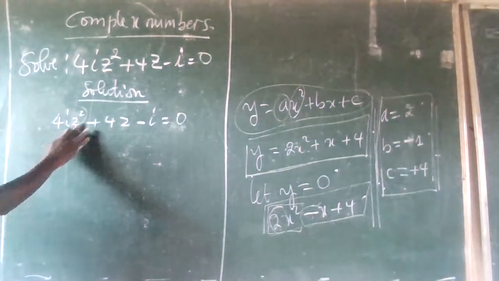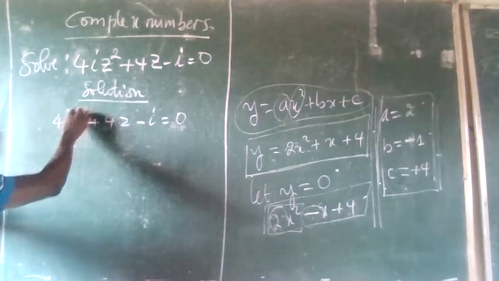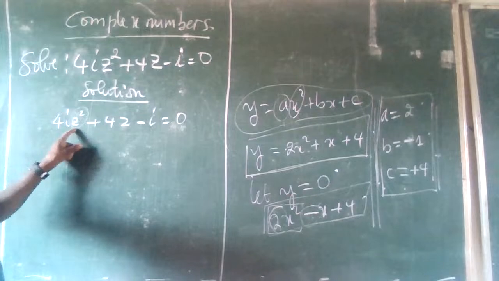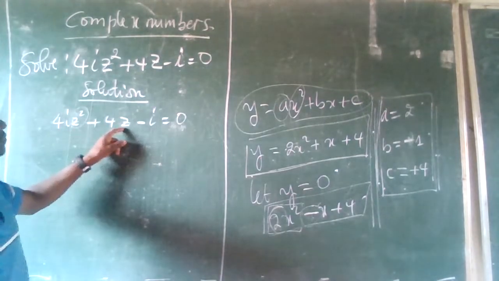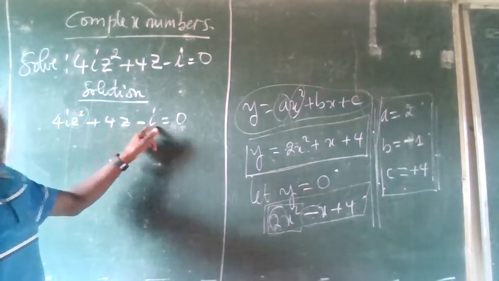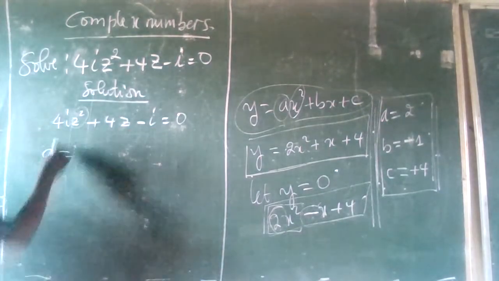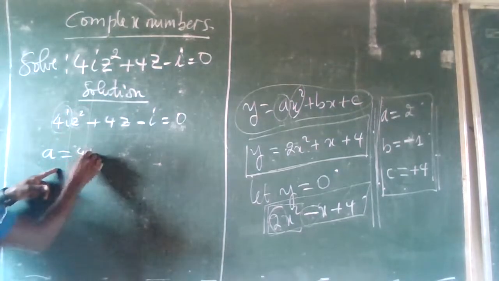Now, I said that this is similar to x squared. Here it is also z, as x minus the number. Now let a be equal to the coefficient of this z squared. It is 4i.